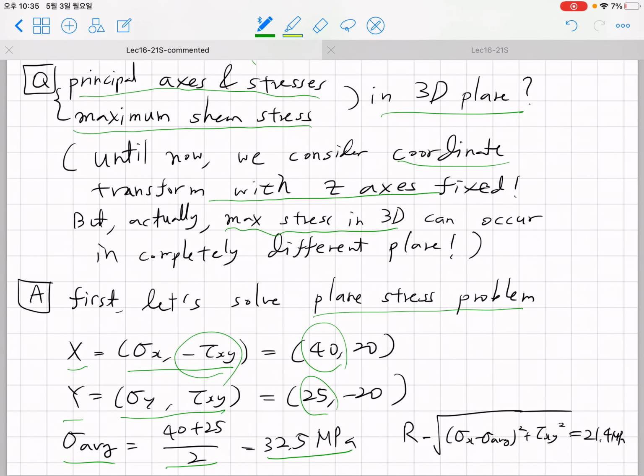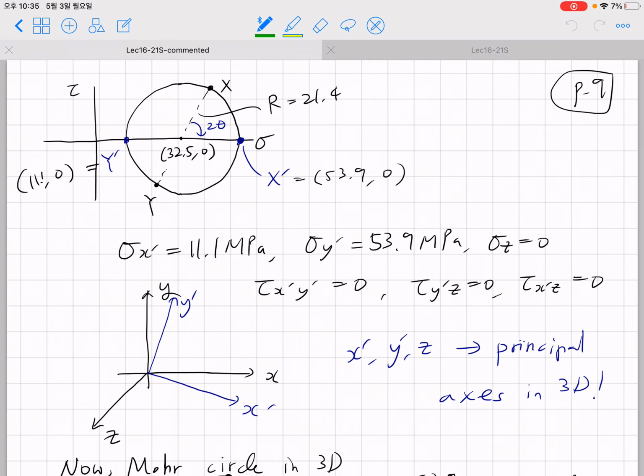Plugging in negative 20, the radius of the Mohr circle, after plugging in our numbers, is 21.4 megapascal. Based on that, let's complete the 2D Mohr circle.